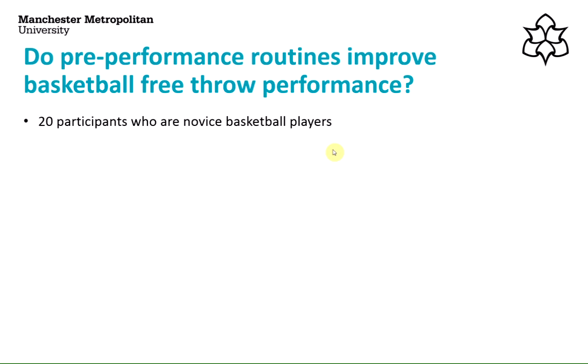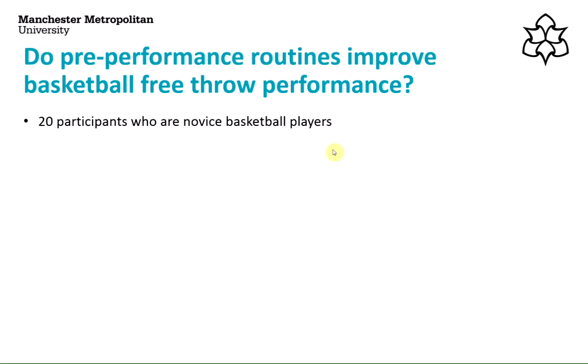So in basketball free throws, you'll often see elite players executing pre-performance routines before shooting the free throw, and this will involve them perhaps bouncing the ball a couple of times, spinning the ball around in the air, and then shooting the free throw. So they'll have a consistent set of behaviours that they follow. They'll probably also have a consistent set of psychological strategies that they go through.